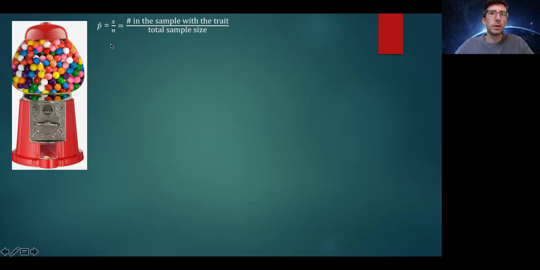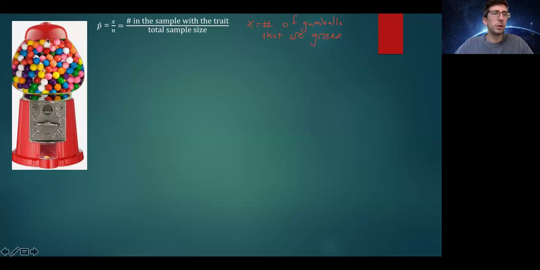For our trait, let's set x equal to the number of gumballs that are, let's say, green, okay?